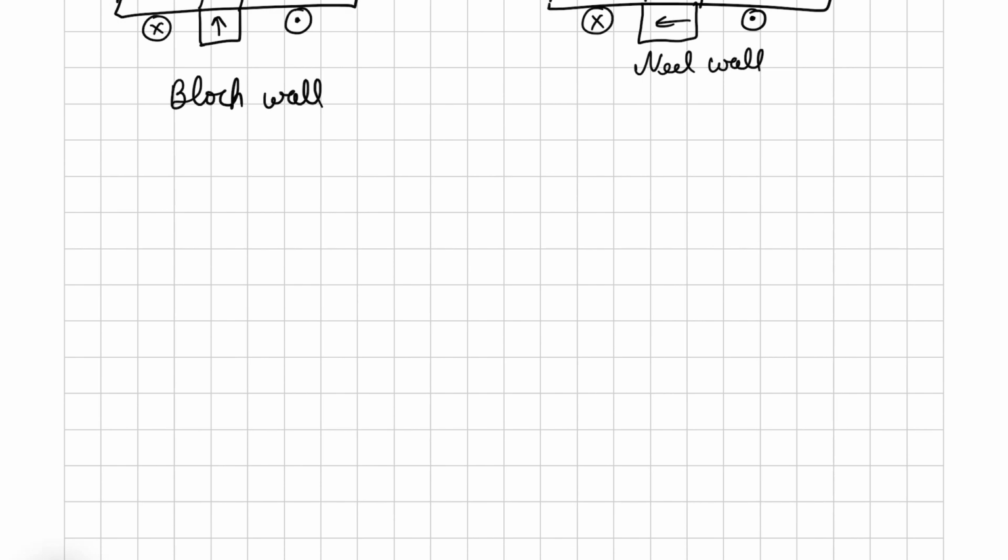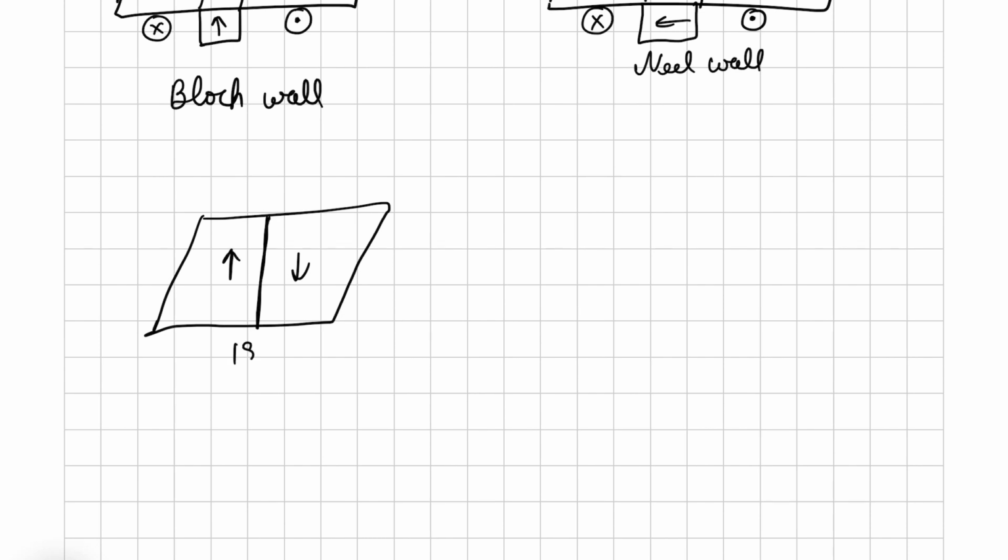So a 180 domain wall means we have a similar system where the spins are pointing exactly at an angle pi from one another across the domain wall.